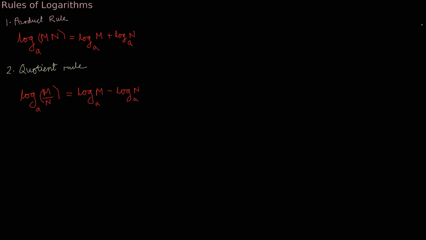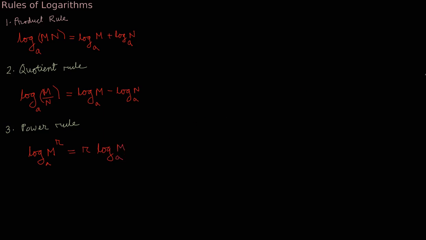So let's look at the third one. The last rule is the power rule. So the power rule says that if I have a logarithm of m power r with base a, then it is going to be equal to r logarithm of m base a.